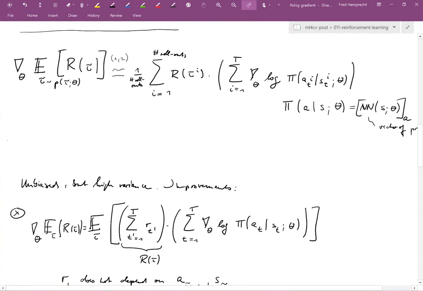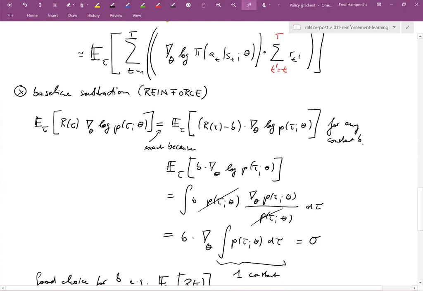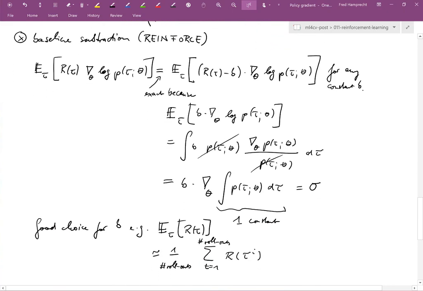And so much research has been poured into making this estimate less noisy. Here are two suggestions. Let me start with the second, which is more relevant. The suggestion here is to take the formula that we had above, but subtract a constant, a baseline. Again, this tells us how we would need to change the parameters so as to make a particular trajectory more likely.